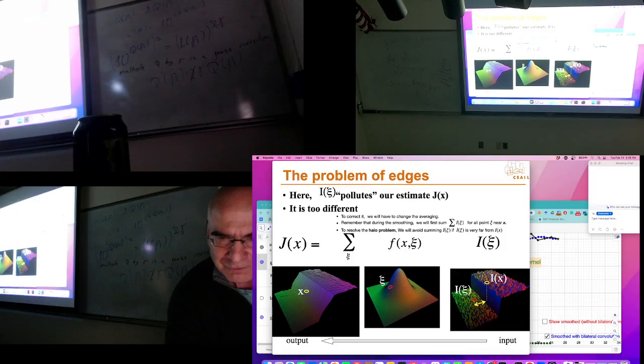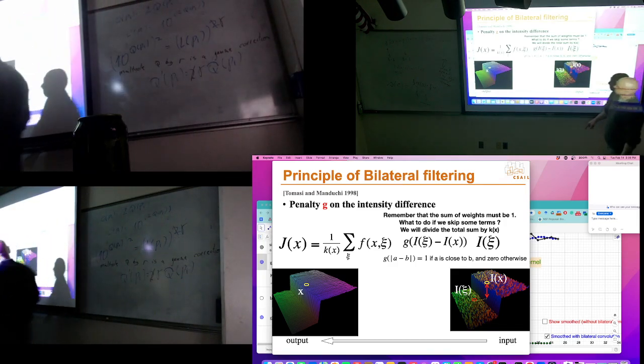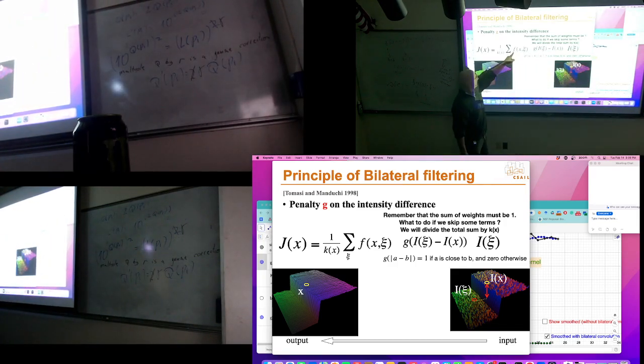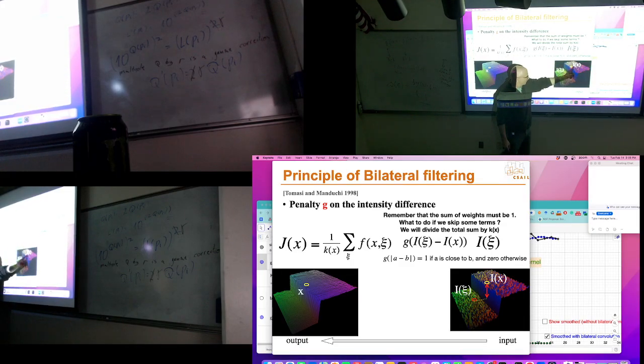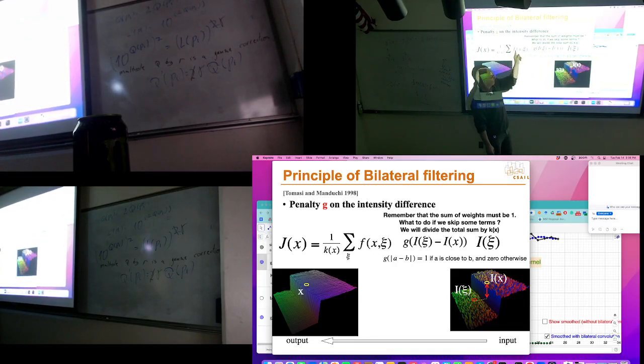So to fix it, what do we do? To fix the blurred points, we are letting, again, Xi run through all the points in the neighborhood of X, summing up the average of the intensity, f of Xi, but here is a new term, g, that we had earlier.